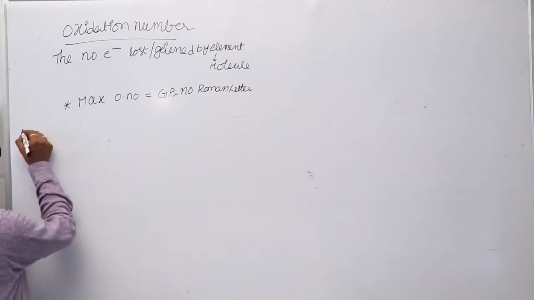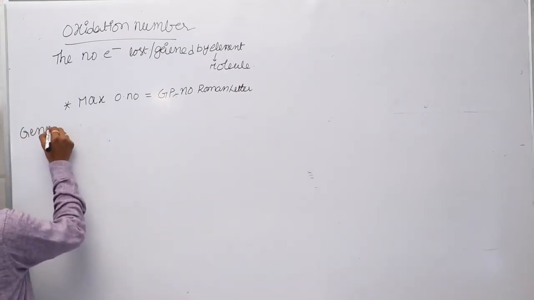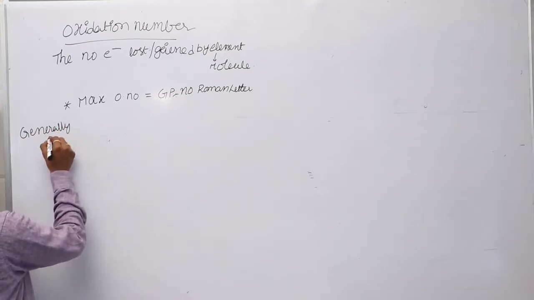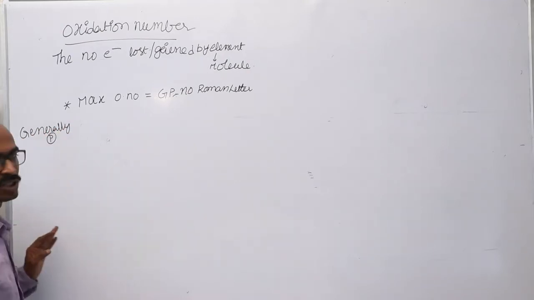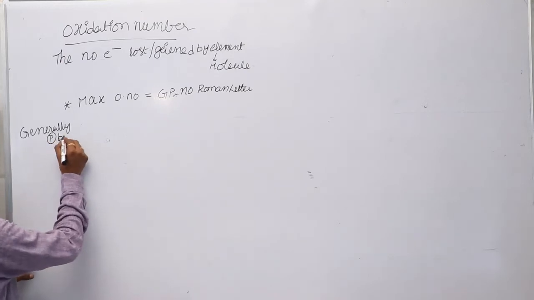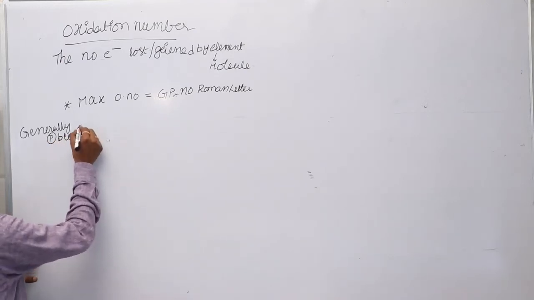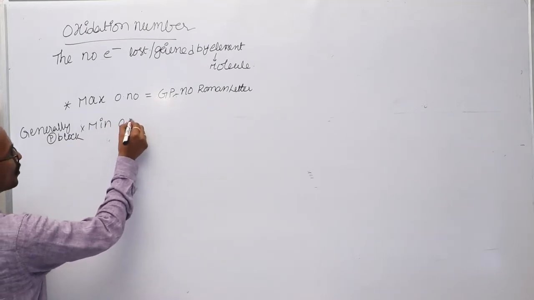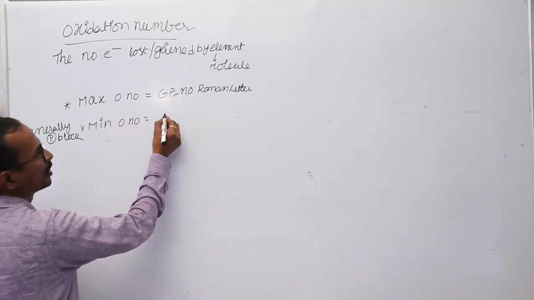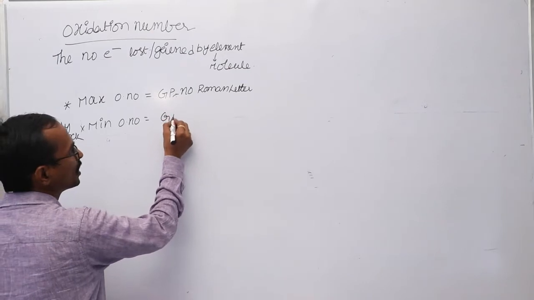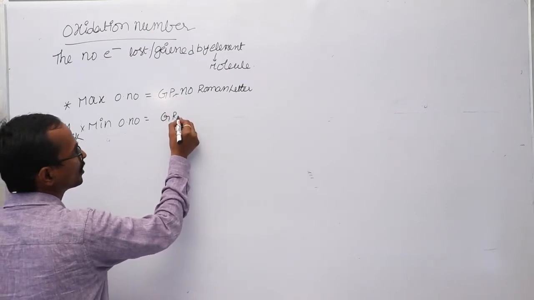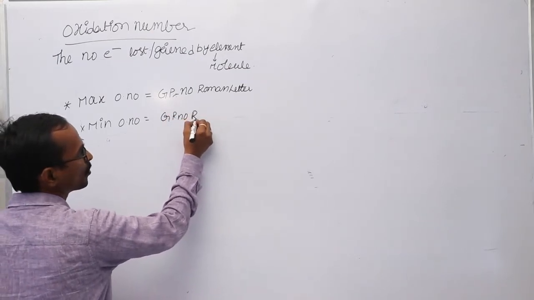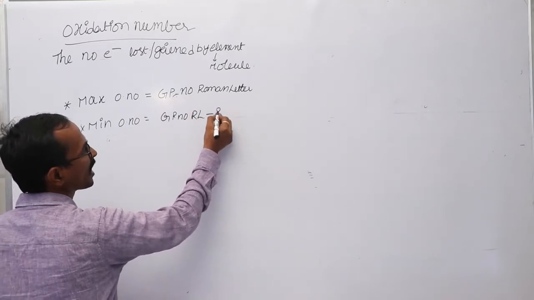Generally for p block elements alone, the minimum oxidation number is equal to group number in Roman letter minus 8.